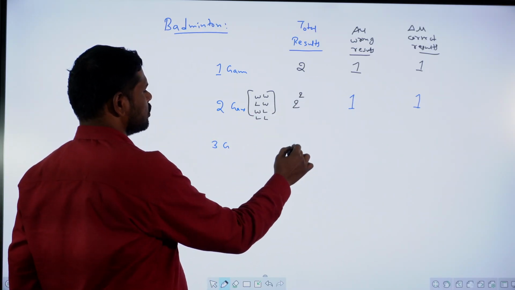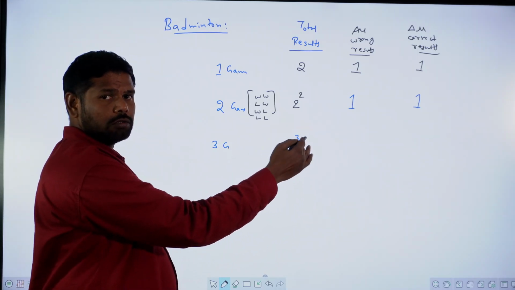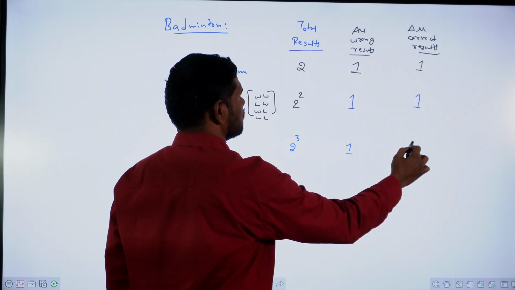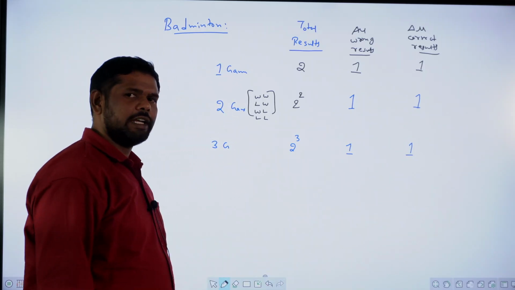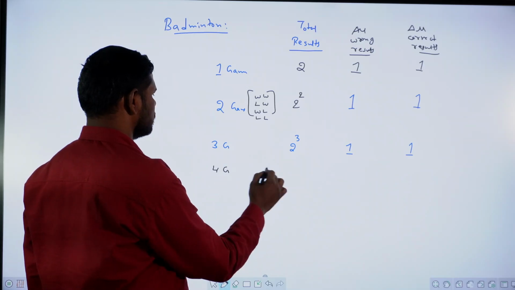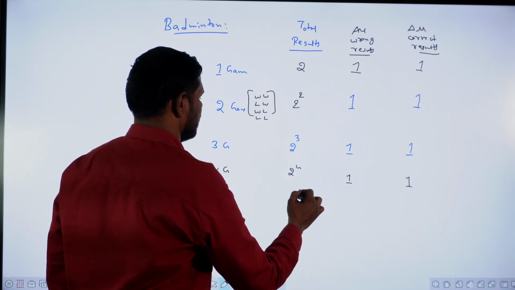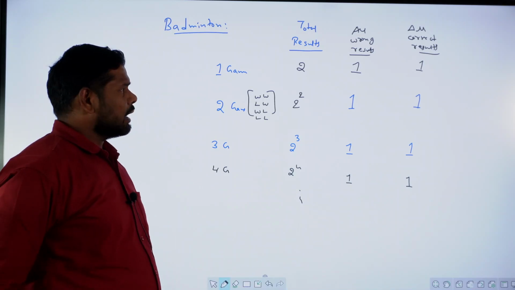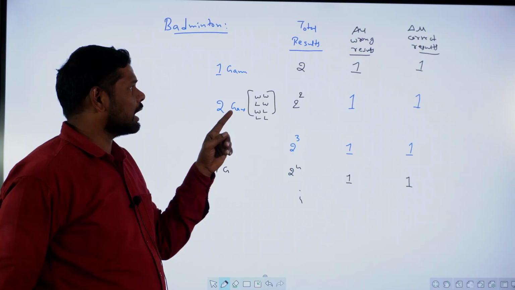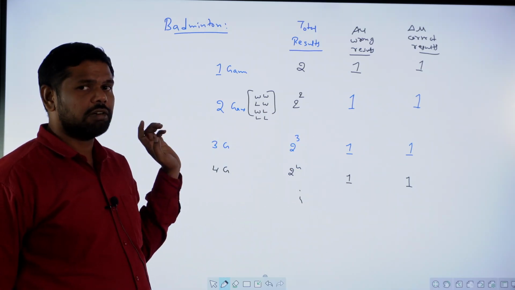If there are three games, the total is two cubed combinations, but all correct results and all wrong results are again one way and one way. Four games means 2 power 4, one way and one way. Like this, we will continue. So in a badminton tournament, all correct results are announced in one way only, and all wrong results are announced in one way only.